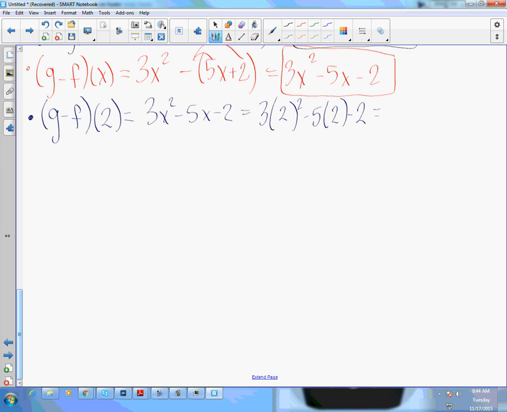Catherine, what will we do first to simplify that? Two squared, good. So that would be 3 times 4. Then what next?